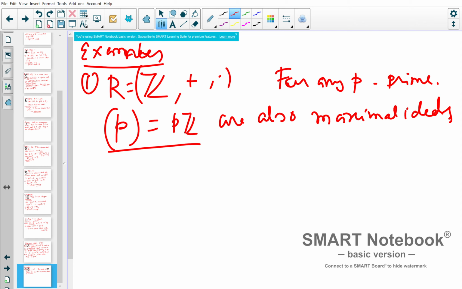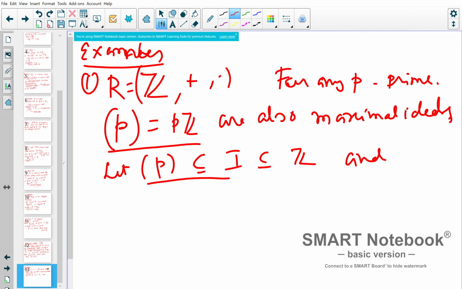Now how to show these are maximal ideals? To show that prime ideals, or general prime ideals, are maximal ideals, it is enough to show that you don't have anything in between. So how do you say that? Suppose this ideal is sitting inside another ideal I. If I equal to P, then there is nothing to prove, right?